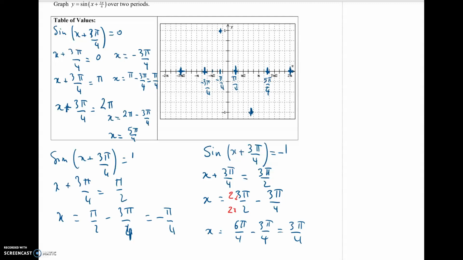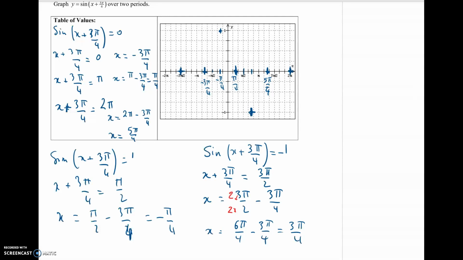So if this is right here, pi/4, pi/2 will be 2 pi/4, and so I end up right there at 3 pi/4. Therefore, at 3 pi/4, I got sine equal -1.